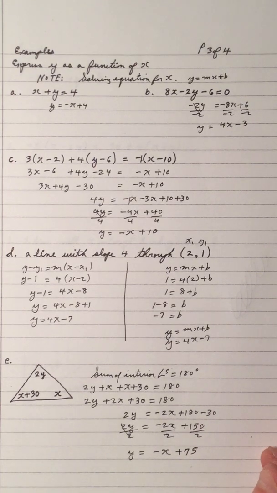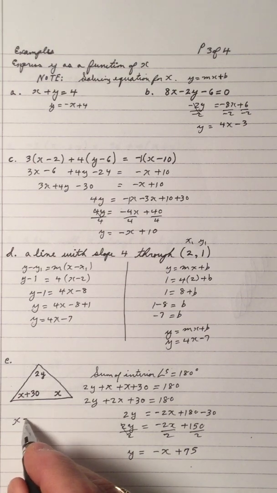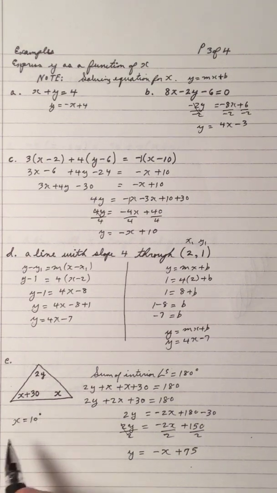And you might say, well, why would you want to do this? Well, since y is a function of x, if you just think about it, if you said x was 10 degrees, just do this example, I'll show you.